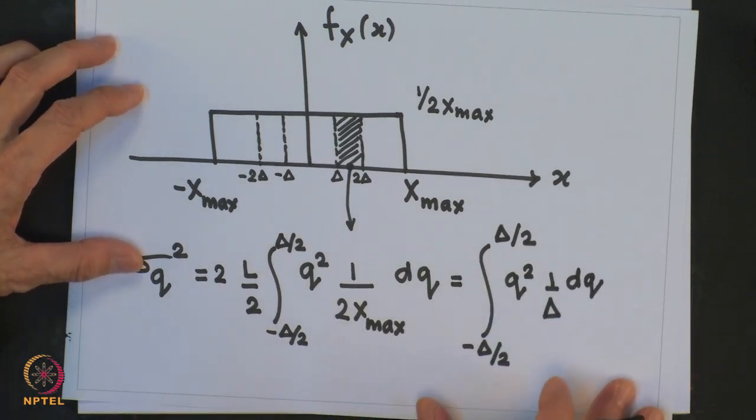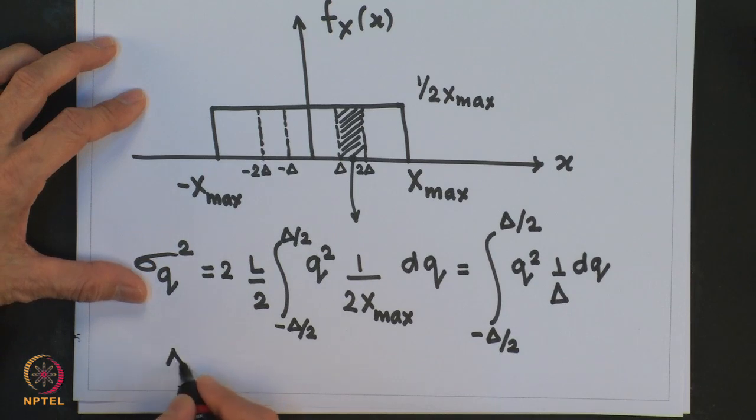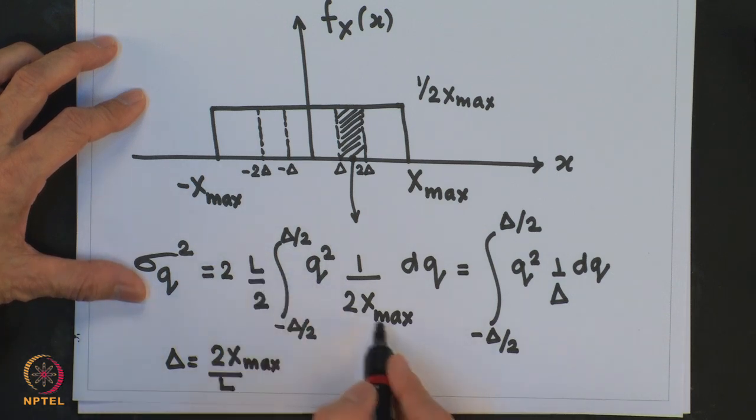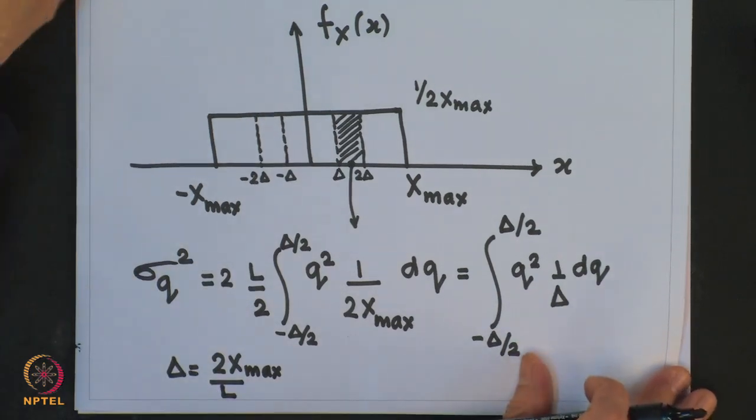Now remember we have a uniform quantizer. So, your delta is going to be equal to 2 x max divided by the number of levels L. So, I substitute here, this is delta.